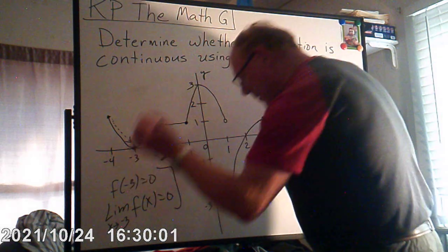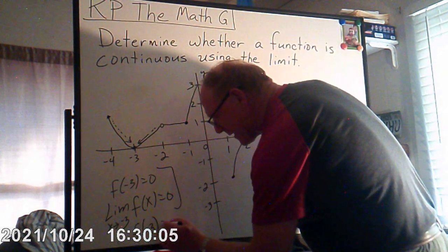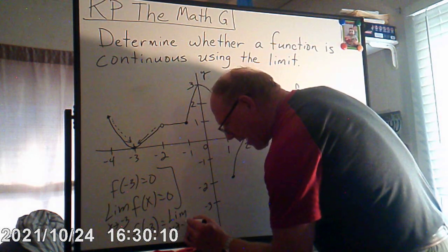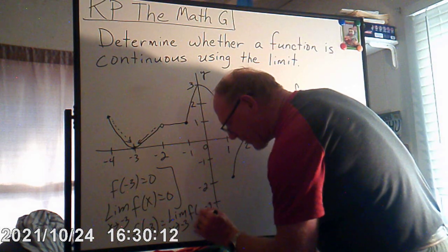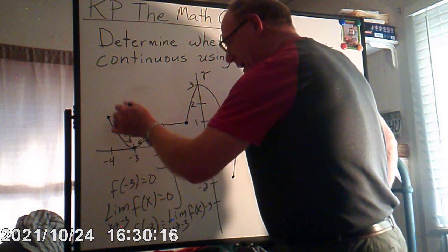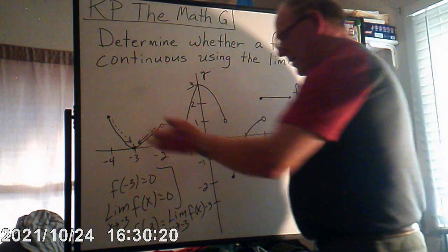Therefore, we can see now that f at negative 3 is equal to the limit as x approaches negative 3, f at x.